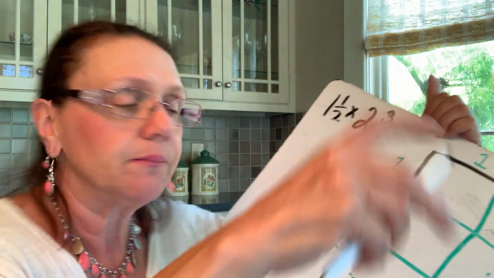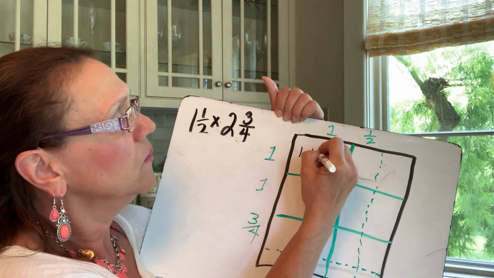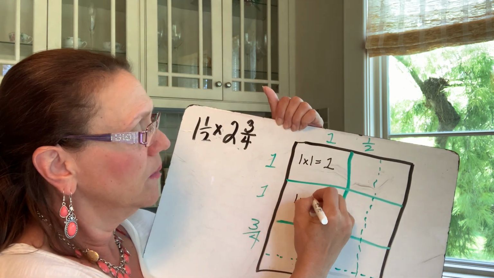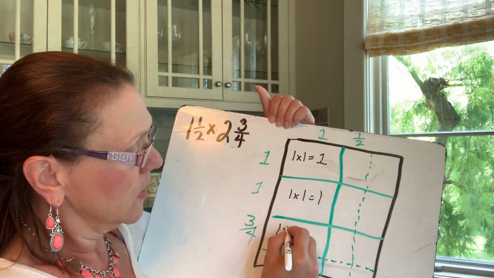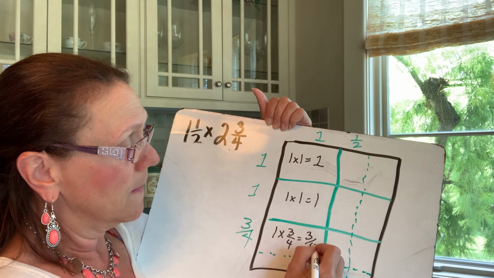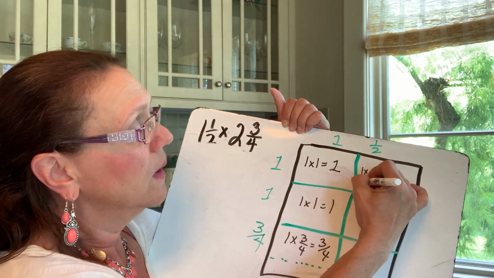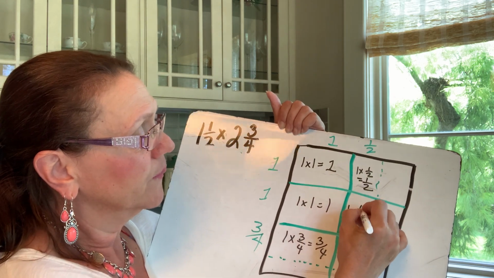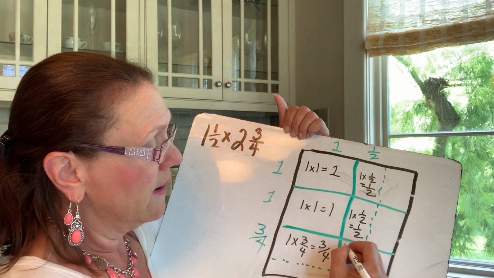So here, 1 times 1 is 1. 1 times 1 is 1. 1 times 3/4 is 3/4. 1 times 1/2 is 1/2. 1 times 1/2 is still 1/2. 3/4 times 1/2.